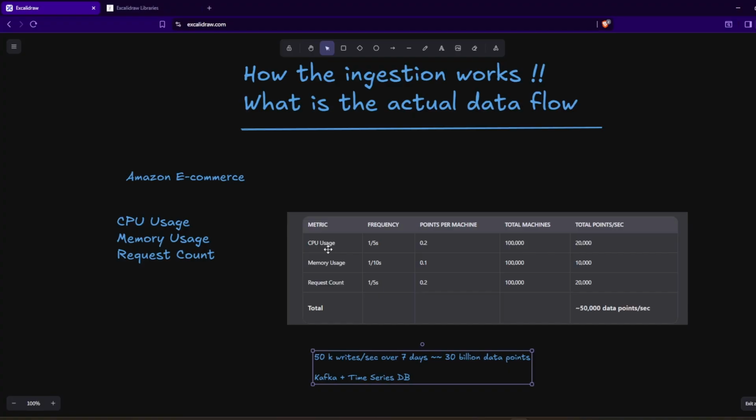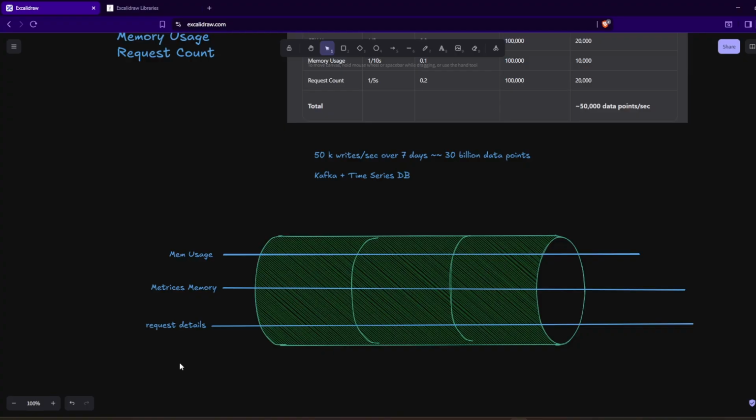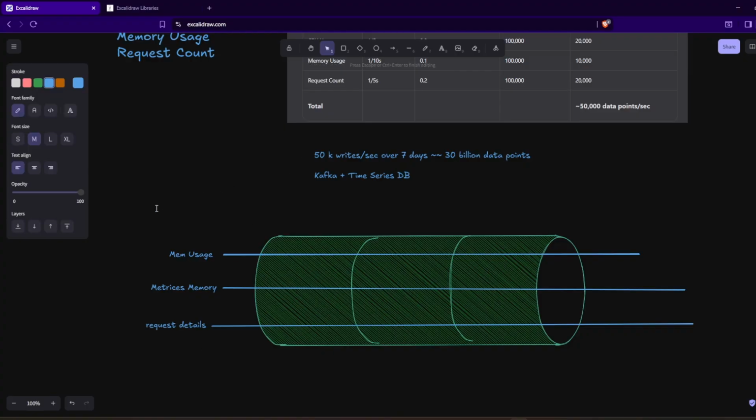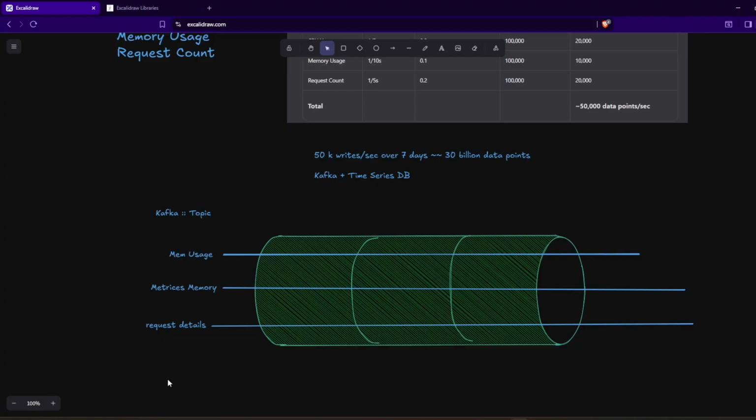Okay, and we are going to have our own consumers. So the key is the scale, they write each data into each portion in Kafka. When I say portion, it means in Kafka there is something called a topic. We have already discussed in another system design video what topics in Kafka are.